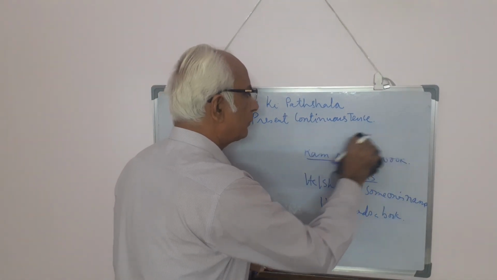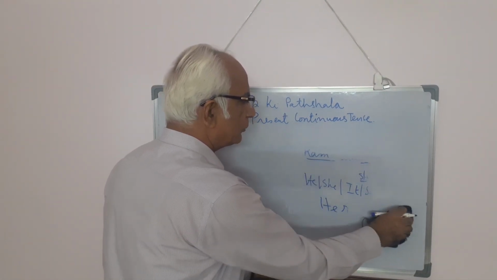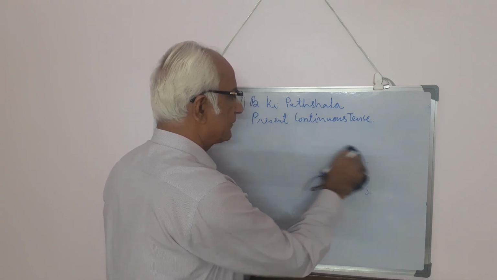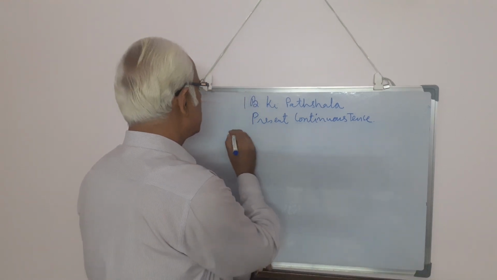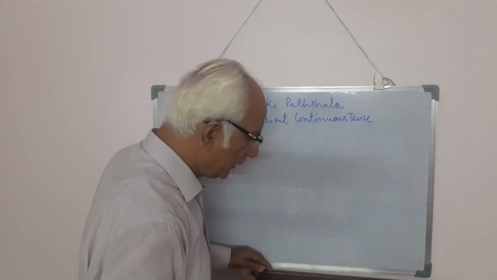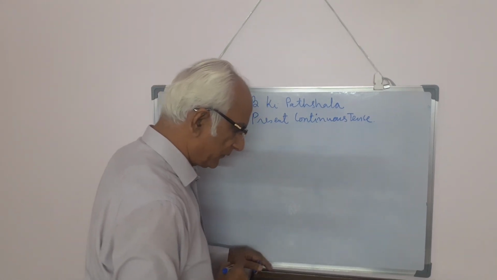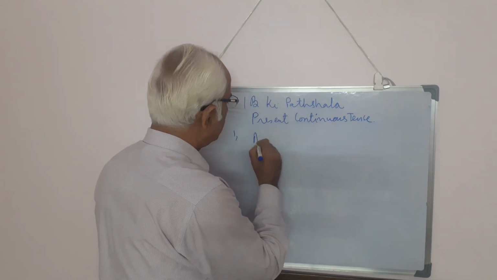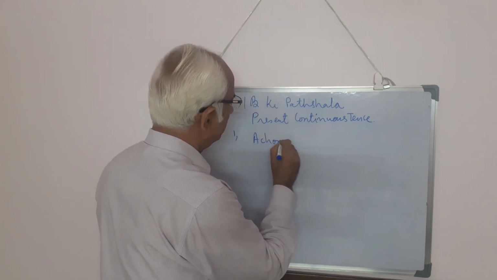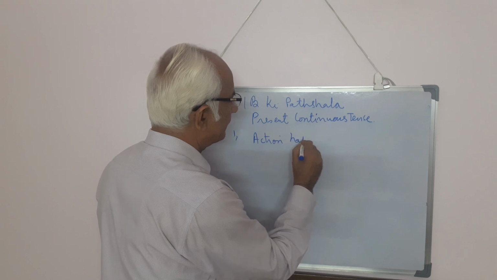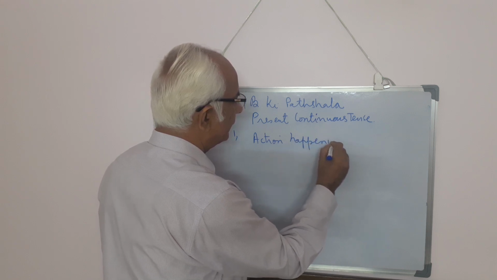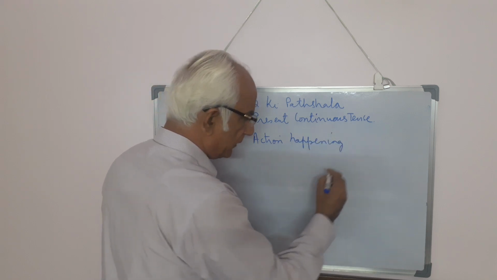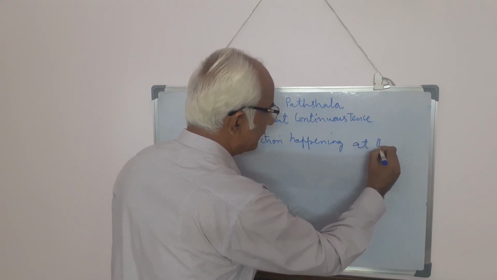But when we come to present continuous, we have to understand when we use it. First situation is when we are talking about an activity which is happening right now. Action happening at the time of speaking.